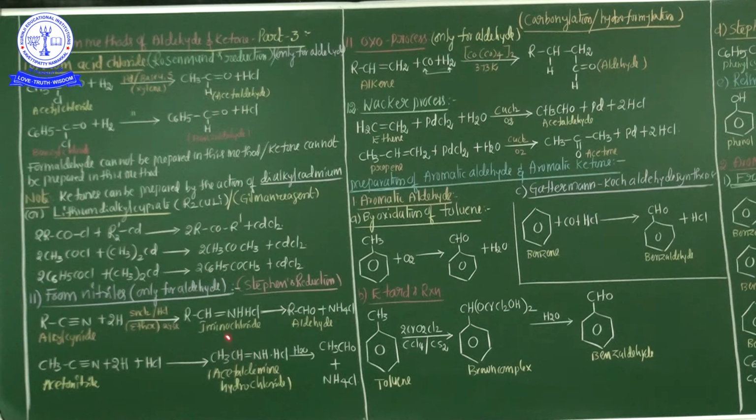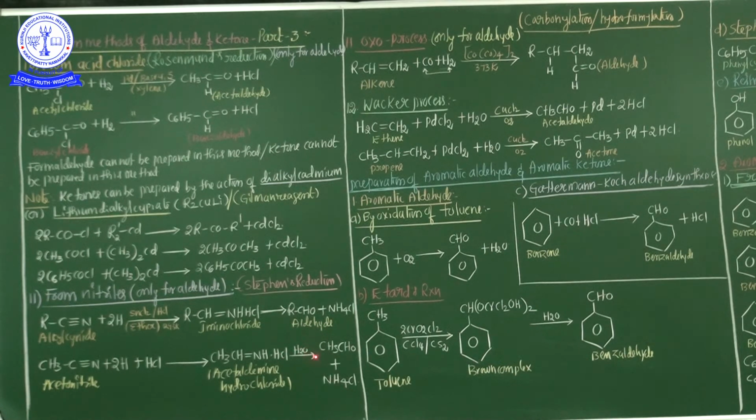My dear students, from the CBSE board level point of view, they directly ask: explain the Stephen reduction preparation method of aldehyde. See here, there is one more Stephen reduction method for aromatic aldehyde, but now this one is for aliphatic aldehyde.